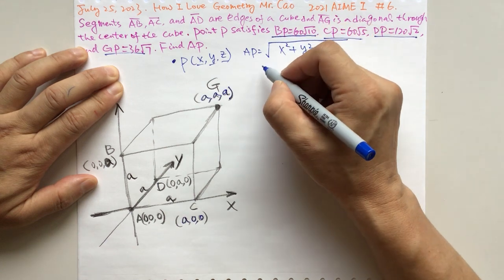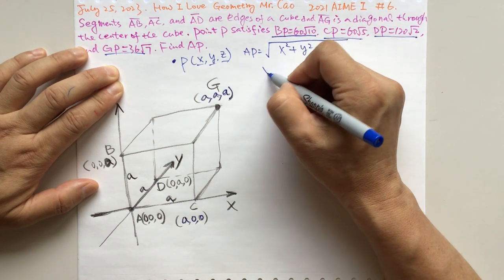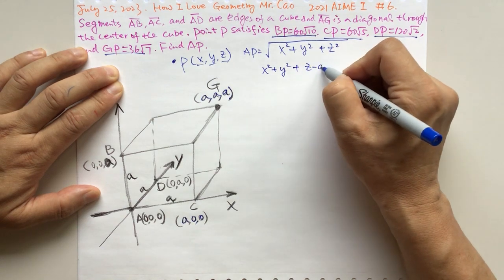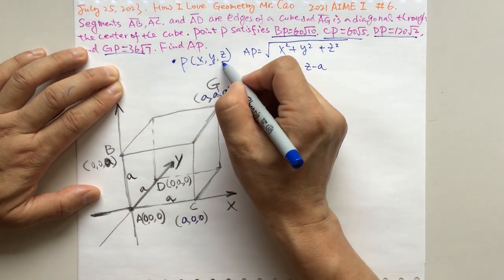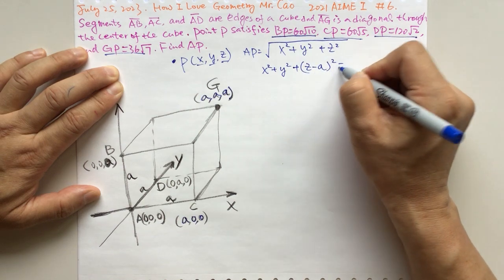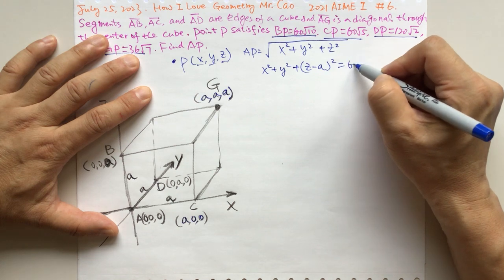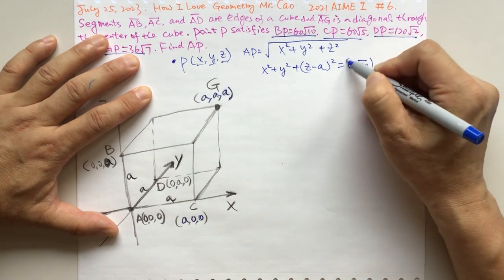According to the given information, for BP we can get x squared plus y squared plus (z minus a) squared equals 60 square root of 10, then squared.